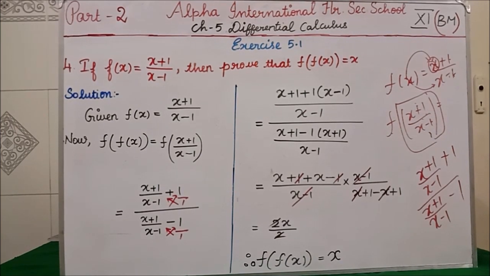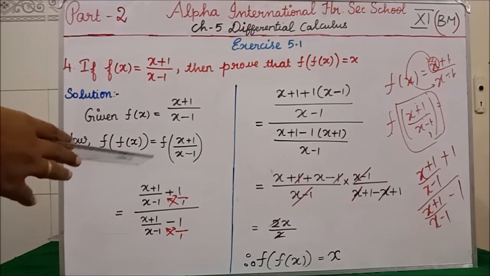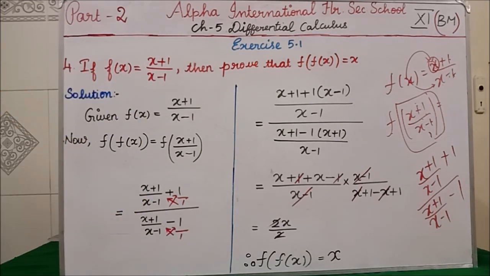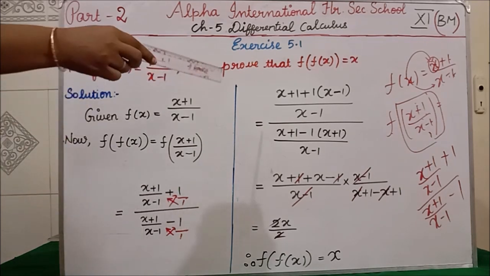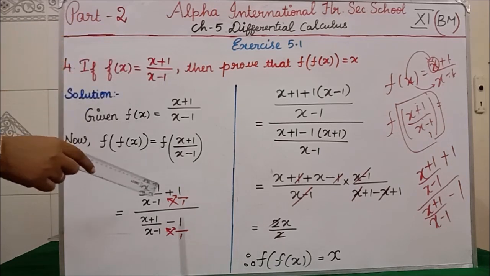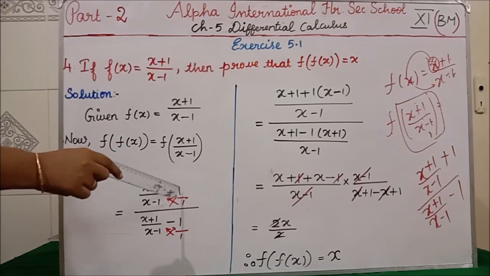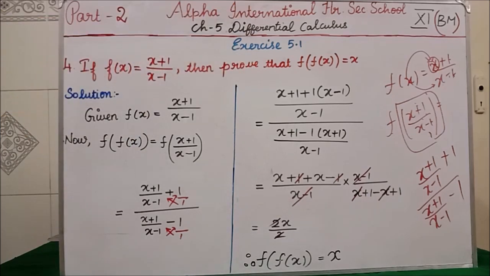See students, I have considered the denominator as 1 and I am going to do cross multiplication. Clear all of you? 1 into x plus 1 is x plus 1. I have written there, in between plus, so I have written plus. Similarly, x minus 1 into 1 is x minus 1. So I have written 1 into x minus 1.